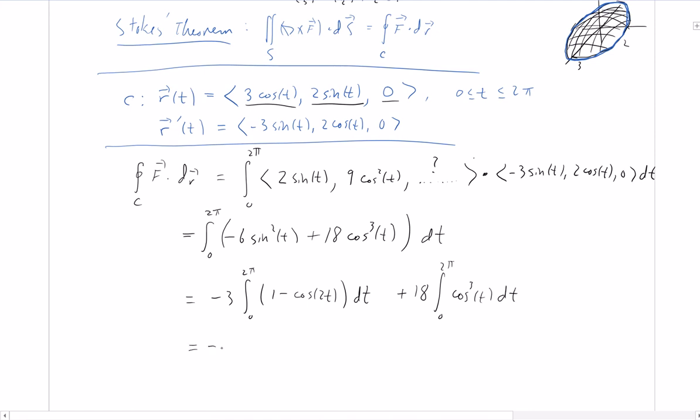So the integral of 1 will just be 2 pi. The integral here will be 1/2 sine of 2t, but evaluated from 0 to 2 pi, that's just 0.